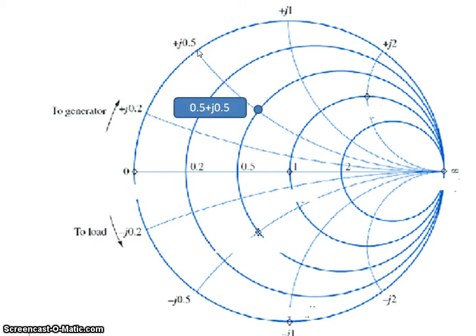Therefore the impedance value is 0.5 plus j0.5. Similarly, if the point is on the lower half of the Smith chart, then again it is the intersection of 0.5 and minus 0.5, written as 0.5 minus j0.5. And lastly, for this point, the impedance value is written as 0.5 plus j1.